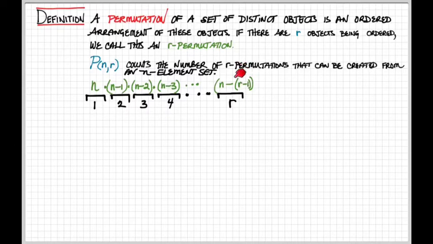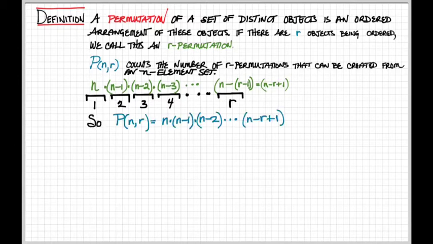If you distribute the negative sign here, you would end up with that final factor as being n-r+1. So P(n,r) can be computed through the formula n times n-1 times n-2, product all the way down to n-r+1. I like to think about it this way when I'm creating the permutation step by step.